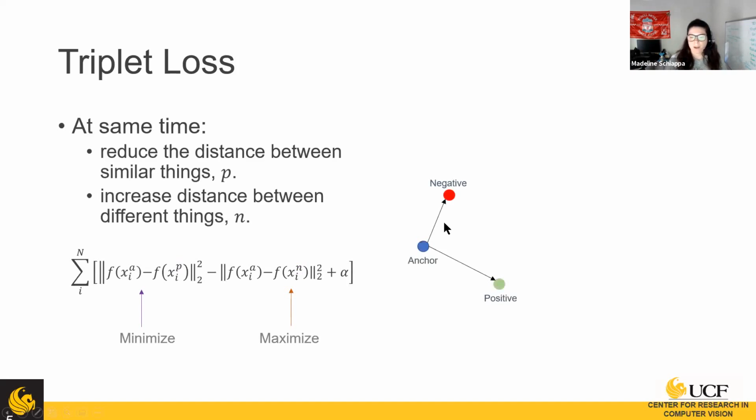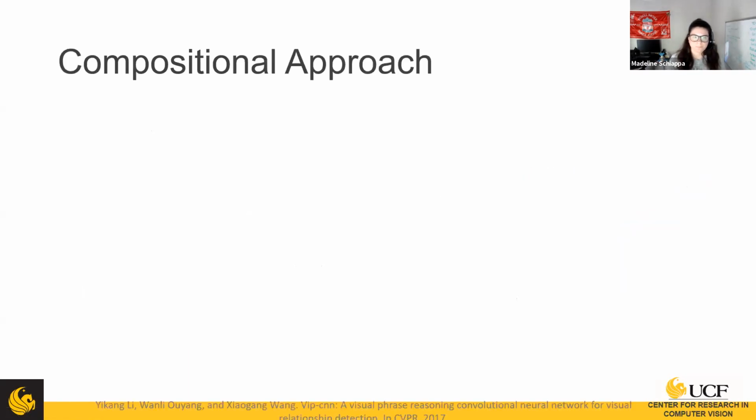So for example, if we have this anchor here, and this is the negative sample and the positive sample, and this is before training, once we conduct some training using this triplet loss, the distance between the anchor and the positive sample will be minimized, while the distance between the anchor and the negative sample is maximized. So this is the intuition of what a triplet loss is doing.